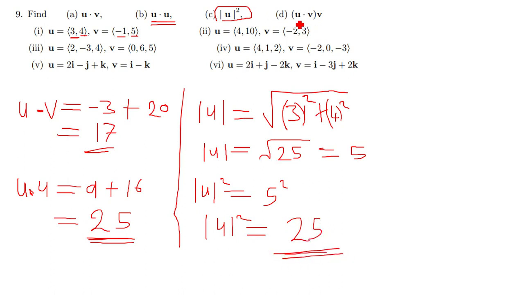So here you already have your u dot v, which is 17. You just need to multiply it with v, that's all. So u dot v times v is just the same as 17 times this vector v, which is negative 1, 5.